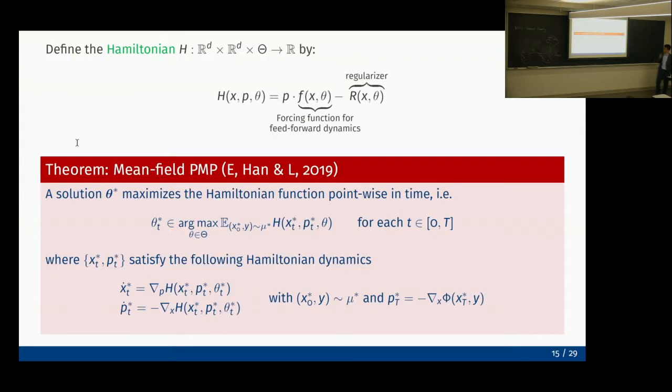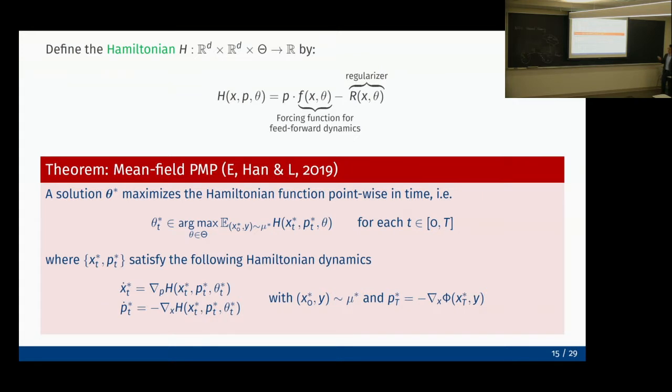Okay. So what we can prove is the following. We define a Hamiltonian function H that depends on our forcing dynamics, the activation at every layer, and also the regularizer. This is a little bit like a Legendre transformation, which you've seen in physics.